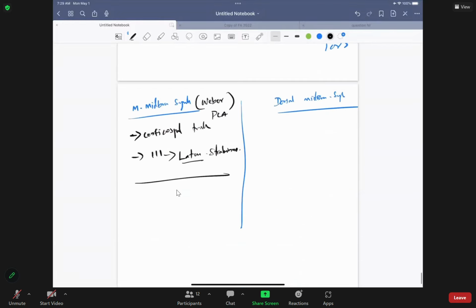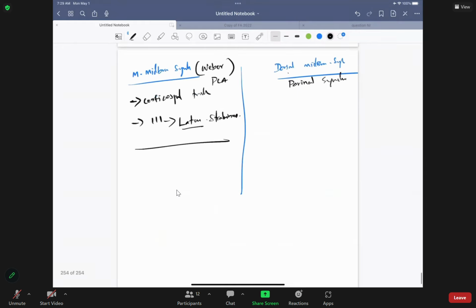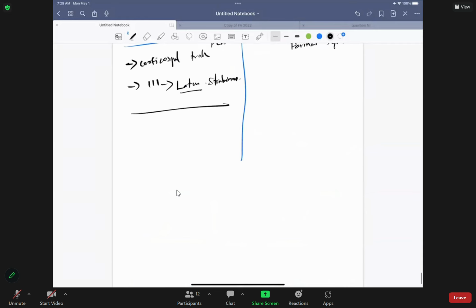Now we have dorsal midbrain. Before we talk about this, we need to know the cause of it. The reason people get dorsal midbrain syndrome, it has another name: Parinaud syndrome. Did we come across this? Type it up, everybody.